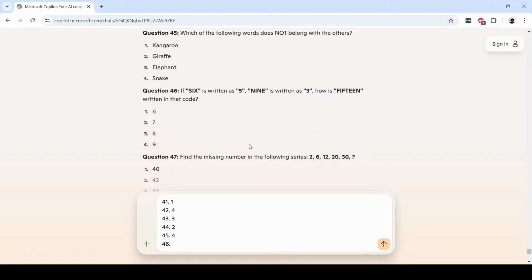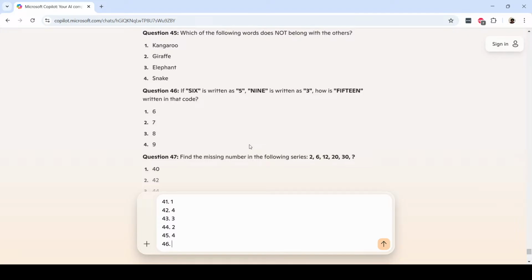If 6 is written as 5, 9 is written as 3, how is 15 written in that code? Okay, so 6, and 9.